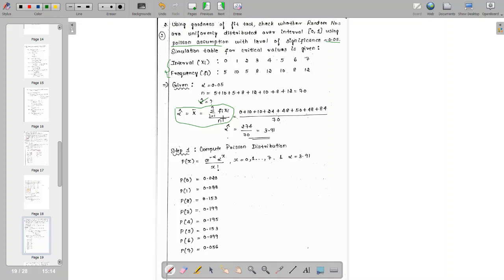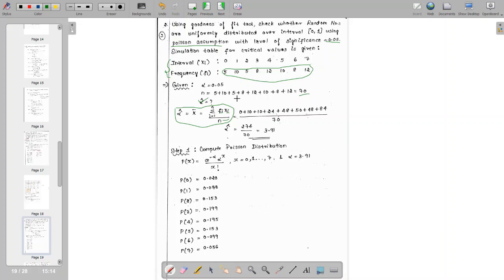The equation says the sum of Fi into Xi divided by N, where Fi is an observed frequency, Xi is an interval, and N is the total number of sample data. You add this, you will get the total number of sample data, that is 70.